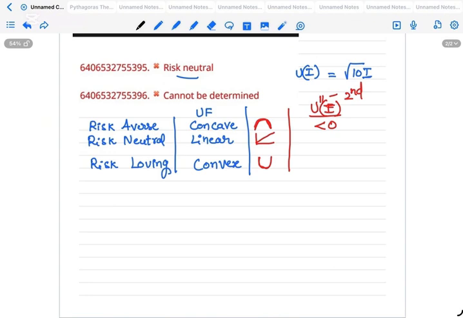If it equals 0, it is risk-neutral. If it is greater than 0, it is risk-loving. Based on this condition, you can decide which option is correct.